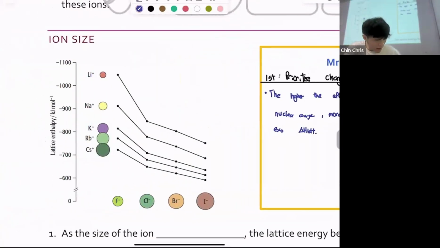Which is why Mg2+ is definitely greater than your Na+, or your O2- is definitely greater than your F-.